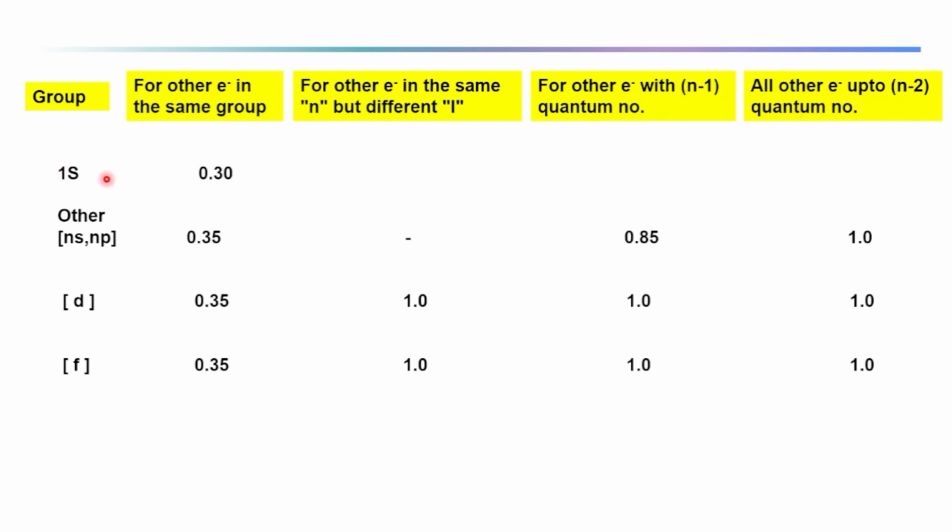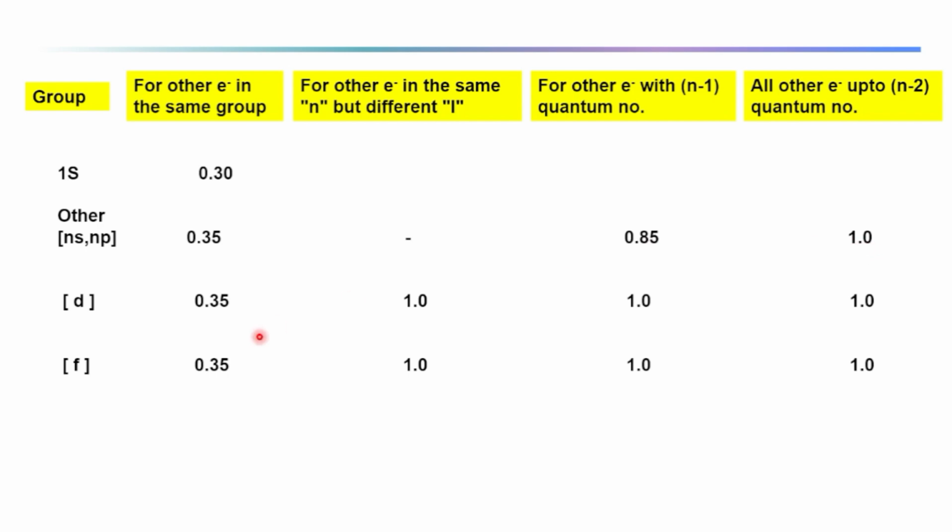For 1s we have a maximum of 2 electrons, so we have just 0.30 from the other electron in the same group. For other ns and np we can have a total of 8 electrons here. So for other electrons in the same group you have 0.35, for other electrons with n-1 quantum number you add 0.85, and for all other electrons up to n-2 quantum number you get a shielding constant of 1.